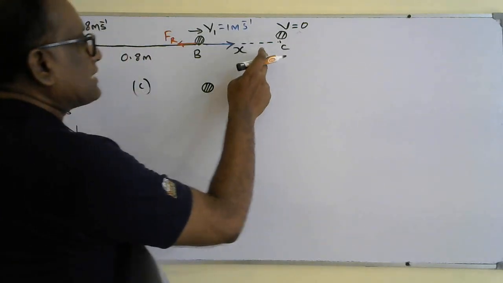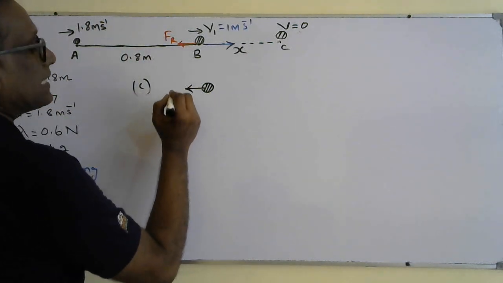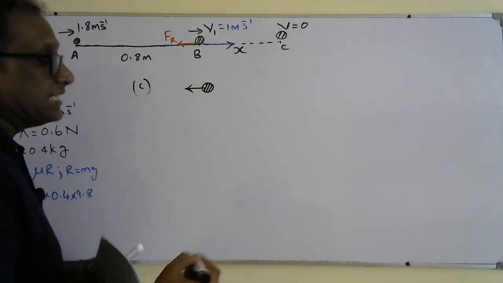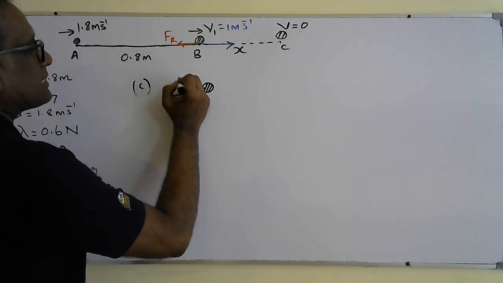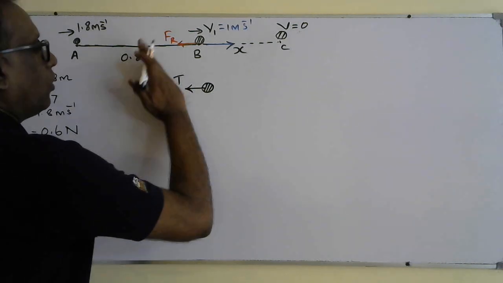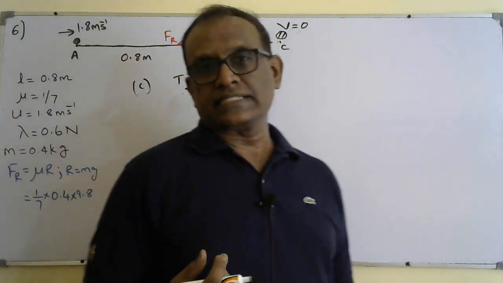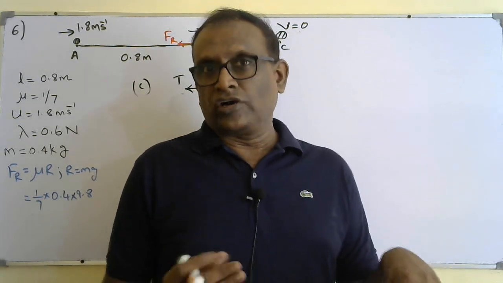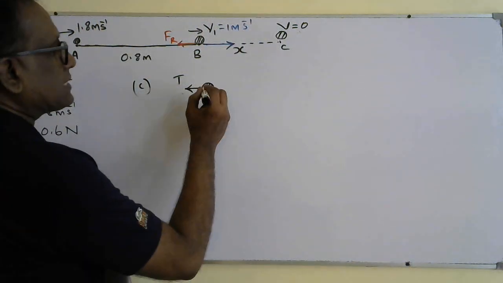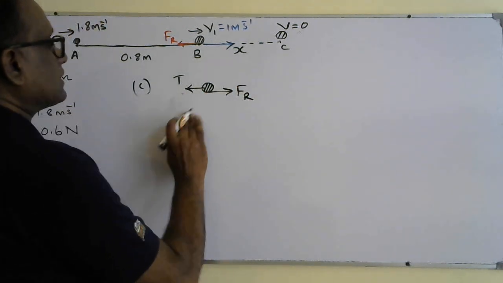So already the string is extended, so that's the only force acting on it in this direction. That is the elastic tension, acting towards left. If the particle tries to move towards left, it has come to rest now. If it has an intention of moving towards left, there will be friction that will oppose the motion, that will be towards right.